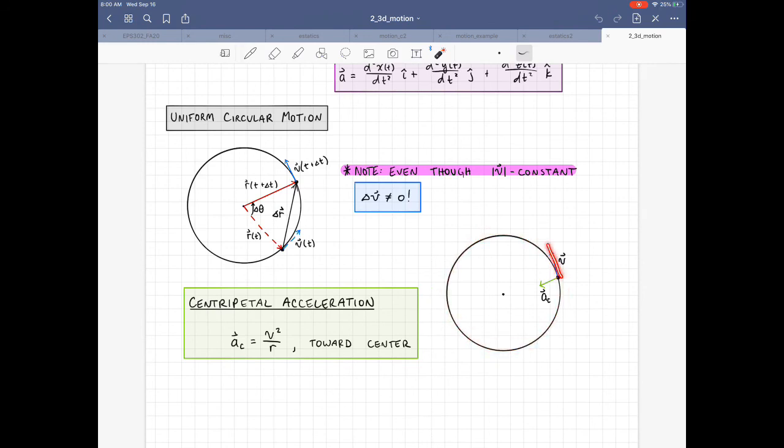My velocity vector points off this way. The acceleration vector points perpendicular to that velocity vector towards the center of the circle. Now the magnitude of the acceleration is v squared over r. So it depends on the speed at which you're traveling around the circle, and it depends on the radius of the circle. And again, the direction here is towards the center. This is centripetal acceleration.